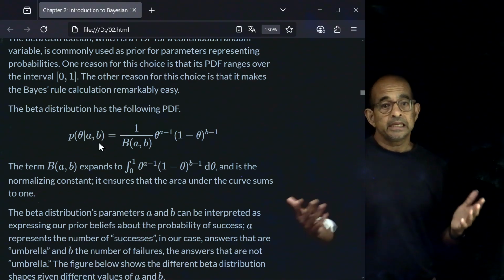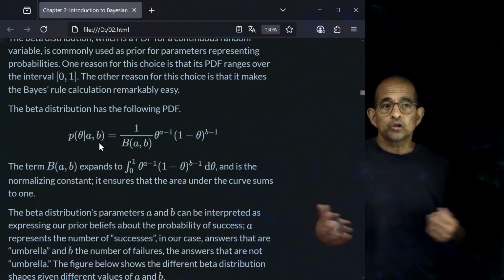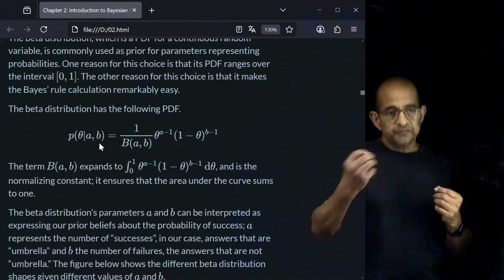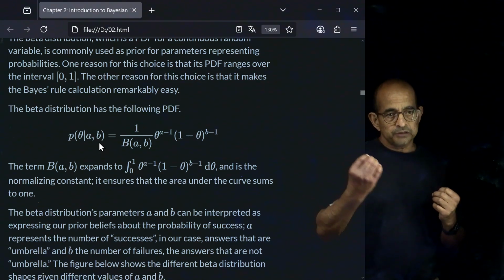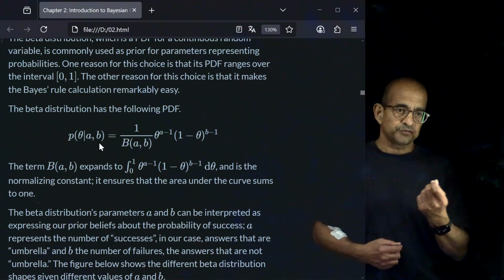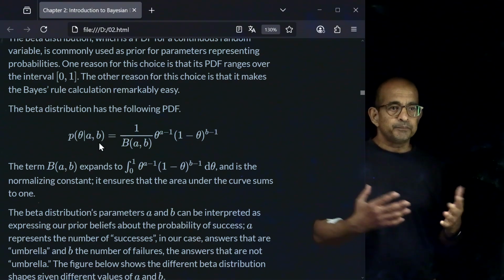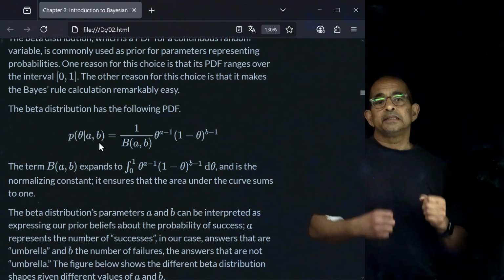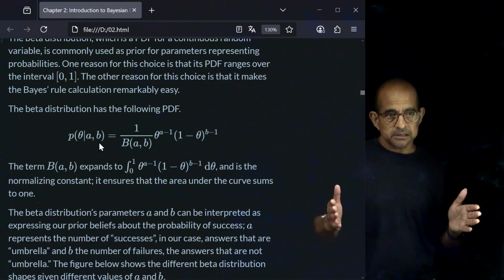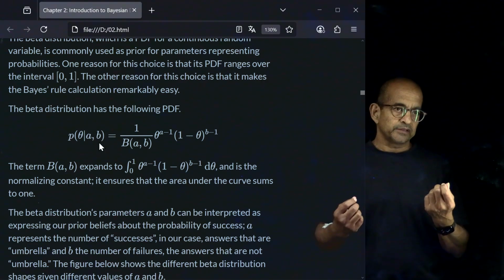So for example, A equal to 4 and B equal to 4 would represent a belief that we have a priori. We believe that in 8 trials I would get 4 successes and 4 failures. If I set A and B to 20 each, then the belief that I'm expressing is that in 40 trials I have 20 successes and 20 failures.